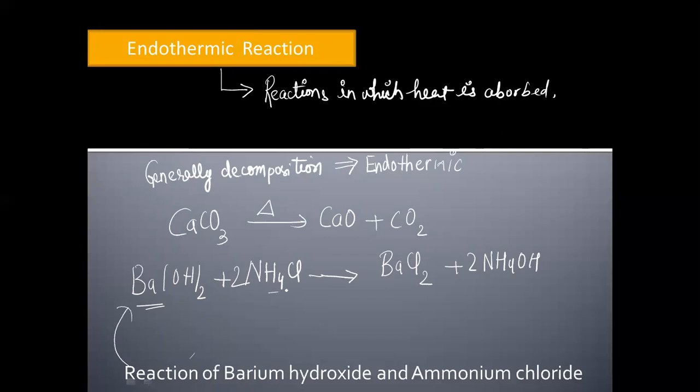Ammonium chloride it is, and the formed species is barium chloride and ammonium hydroxide is formed.